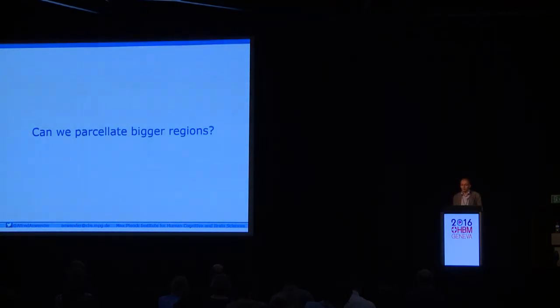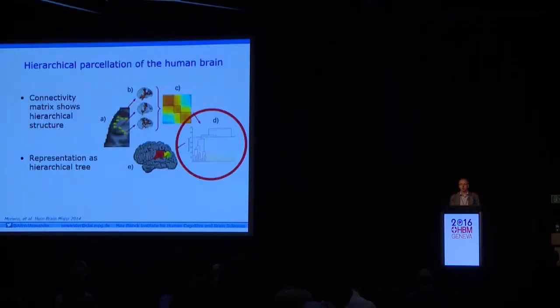So what do we want to do if we do bigger regions, not only one gyrus? Then we cannot do it with the simple k-means approach. So what we proposed here is to build this in a hierarchical way. Just as an example, for a small region again, we do seeding at the gray matter white matter boundary.